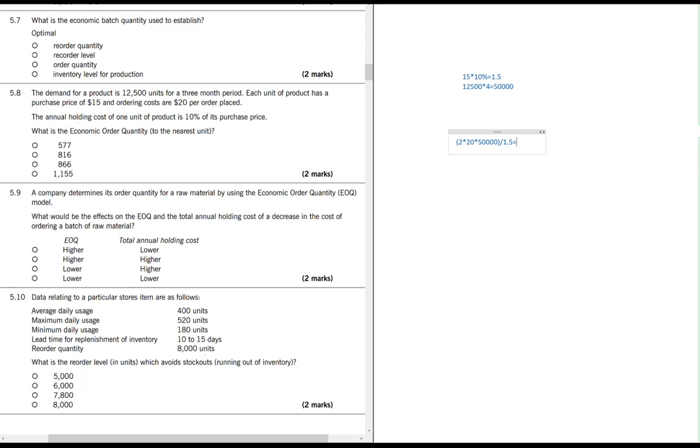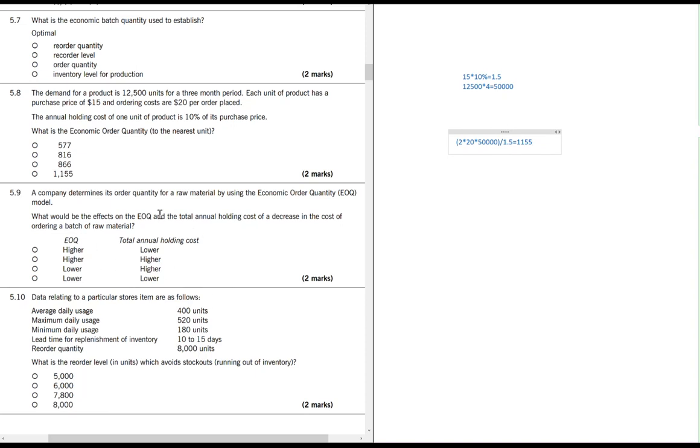Let's do it separately, it always creates complications. 2 multiplied by 20 ordering cost multiplied by 50,000 becomes about 2 million. Divided by 1.50 becomes 1.3 million. The square root becomes 1155. So D.